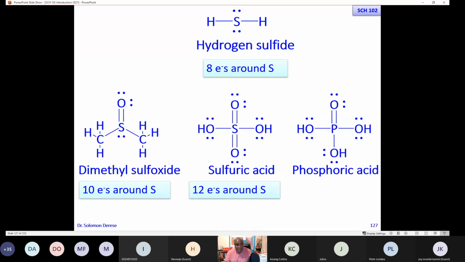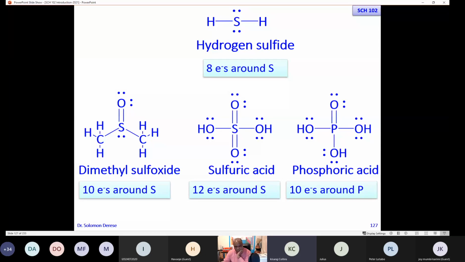So in sulfuric acid, the sulfur has an expanded octet of electrons. How about in phosphoric acid? How many electrons do we have on the phosphorus? 10 electrons, okay? 10.